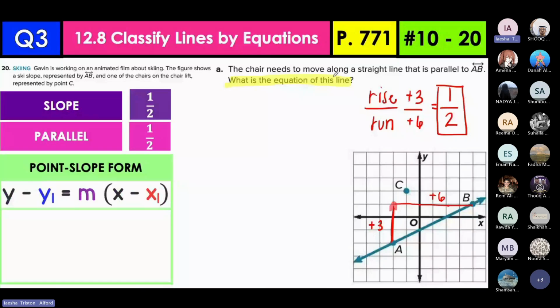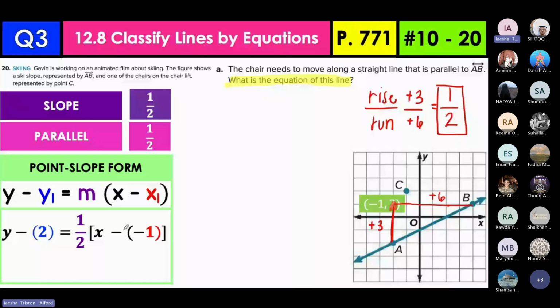You can use point slope. What is my x1 and y1? I have to take it from point C, because I want to make a new line through point C. So to write the equation, my y1 is going to be positive 2, and my x1 is going to be negative 1. I have a negative negative, should make that positive.